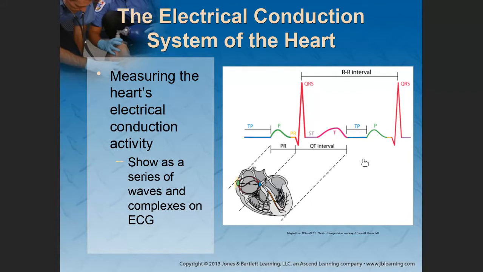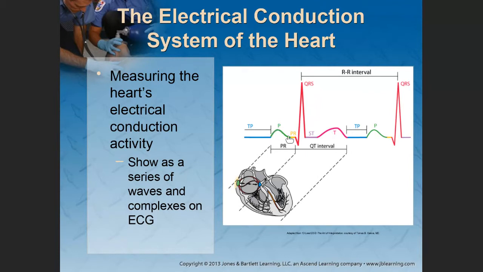And as I said before, pay close attention to what it is that I am going to explain now. So, when you see a P wave on your ECG, the P wave represents atrial discharge or atrial depolarization.